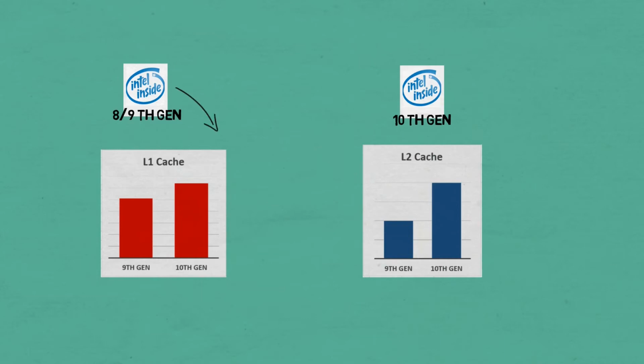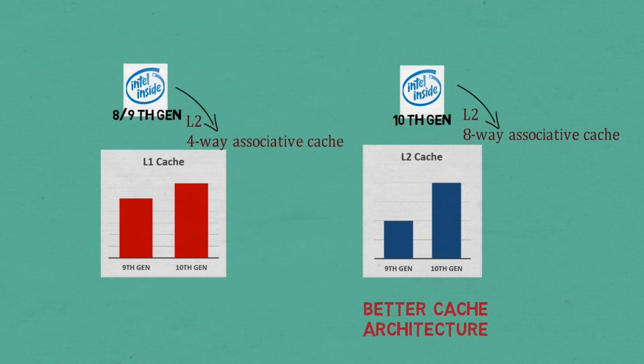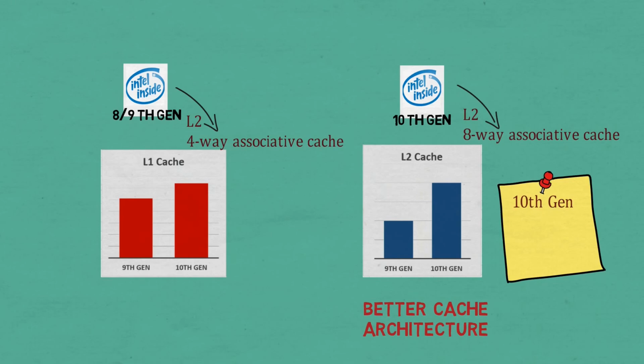The newer 10th gen has an 8-way associative L2 cache architecture. This is why the newer 10th gen 10 nanometer processors are faster even with relatively lower clock speeds.